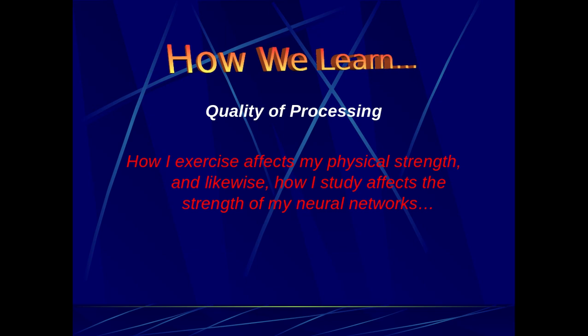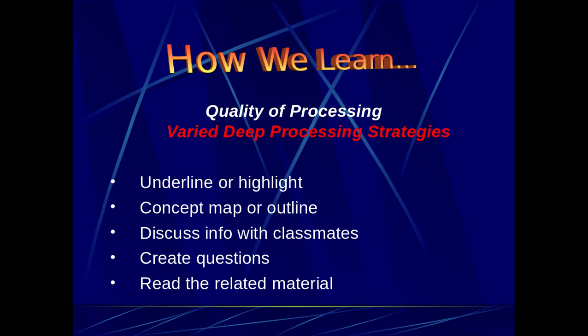It's really a matter of discipline when it comes to quality of processing, discipline in employing a variety of techniques that we're going to be going into here. So some of the strategies or techniques that you can use for quality of processing, you want to underline or highlight, create a concept map or outline, and I'm big into this, and we're going to talk about it later in the course, in about 4 days, that far ahead in the future.